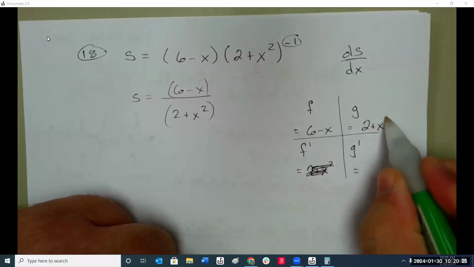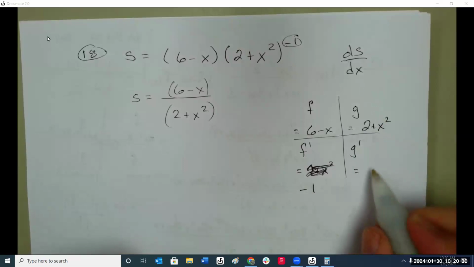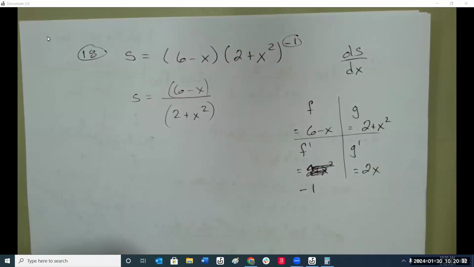That's 2 plus x squared. So the derivative of f is -1. Derivative of g is 2x.